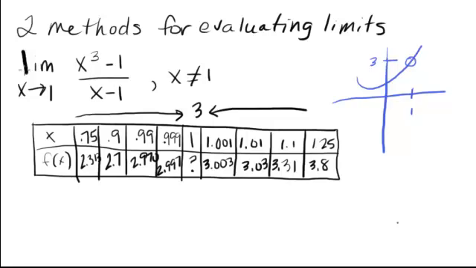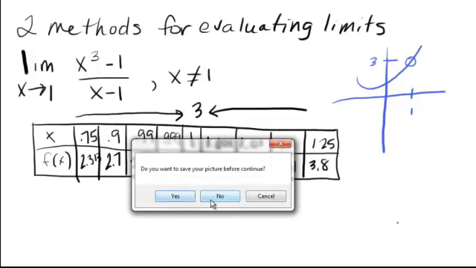Now let's move on and find some information about the graphical method. You kind of saw a little bit of the graphical method there by analyzing that. But there's also one where a limit fails to exist.